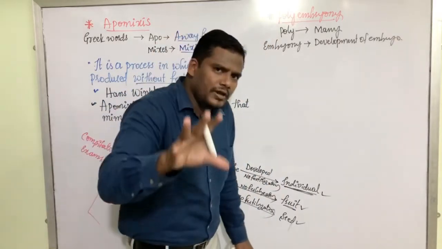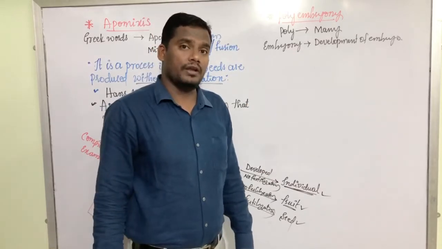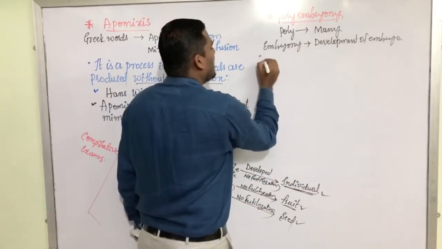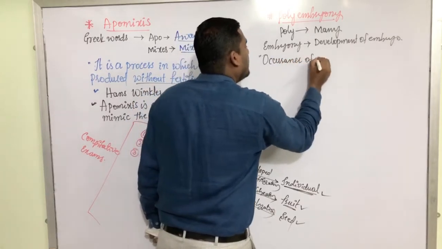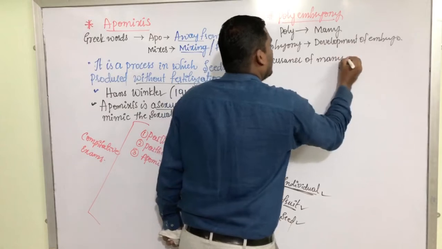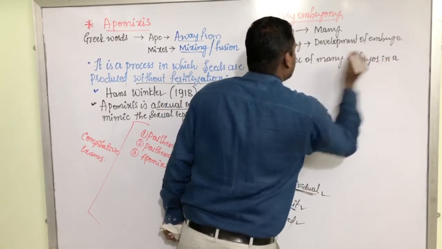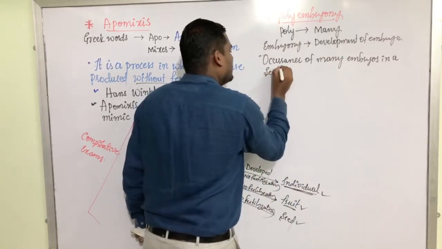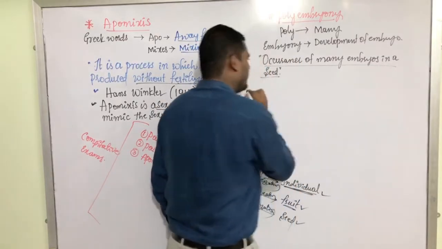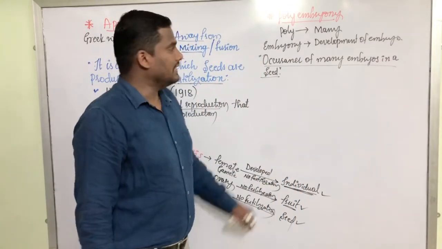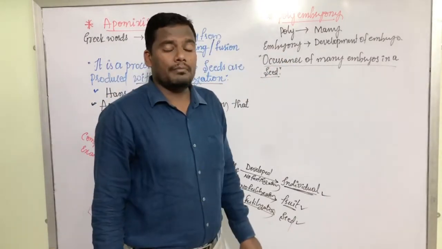If many embryos develop in a seed, then such a concept is called polyembryony. How can we define polyembryony? The occurrence of many embryos in a seed is called polyembryony. The definition is very important for the board examination.